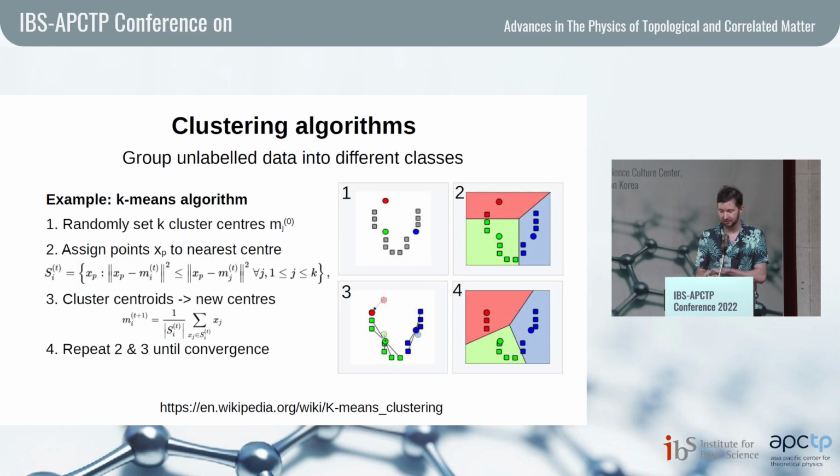One way this can be done is using the k-means algorithm, which is an iterative algorithm where we randomly assign cluster centers, assign points to the nearest center, and then recalculate the centers and iteratively repeat this until we get convergence of our data into different groups. Then if we make new measurements after this, we will assign the new measurement to the class according to where it falls, in which color region.